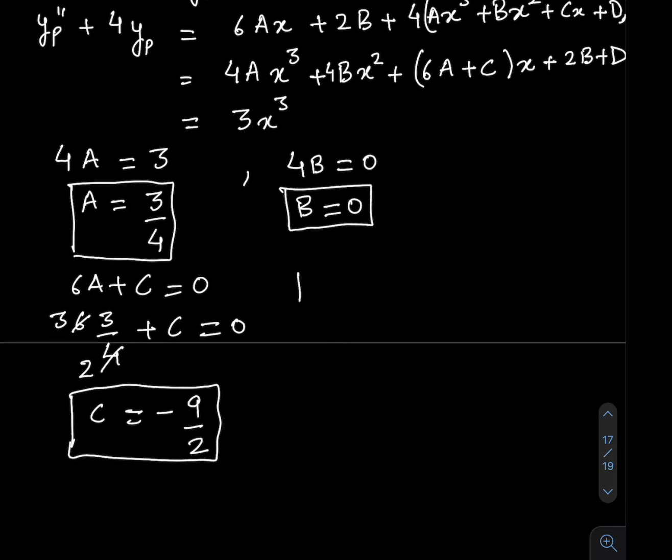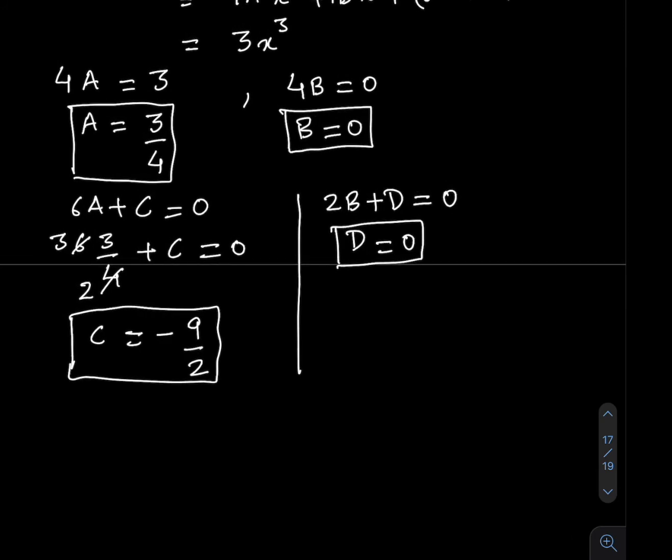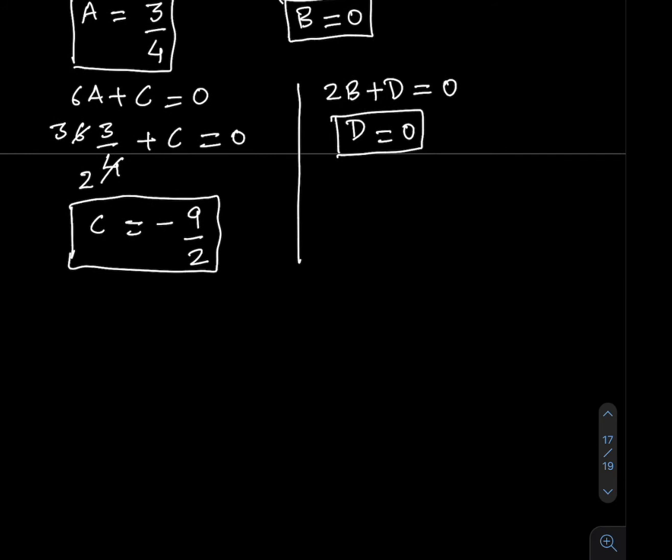And the constant term, which is 2b plus 4d, is also equal to 0. b is equal to 0, which gives us d equal to 0, right? So we got the values of a, b, c, d.